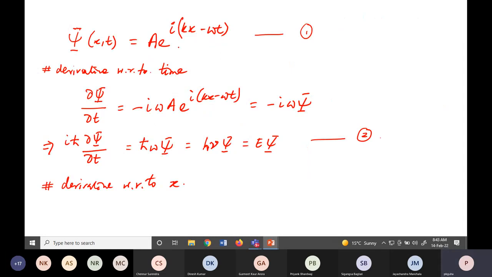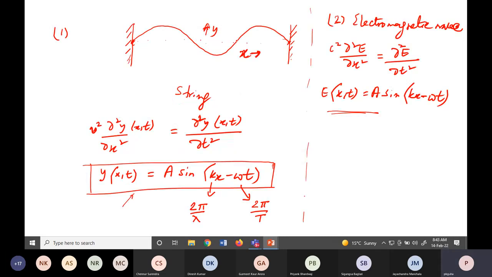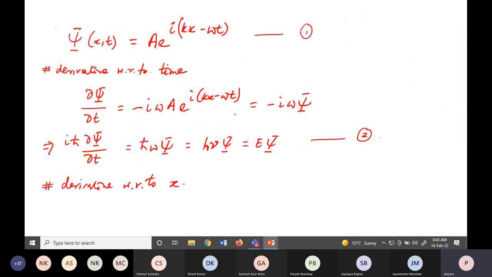I mean, you can take a sine(kx minus omega t) or a cos(kx minus omega t), that is also fine, okay, but it will be easier if you take a e to the power i(kx minus omega t) to do these calculations, okay. So all he tried to do is to come up with a similar differential equation as the classical equations, okay. So he took the derivative with respect to time, okay, and found that it is nothing but equal to total energy.